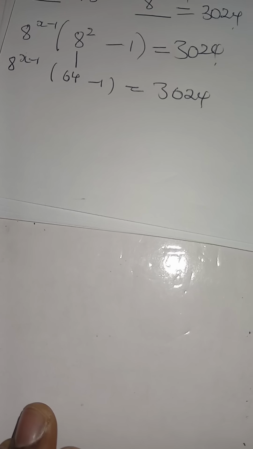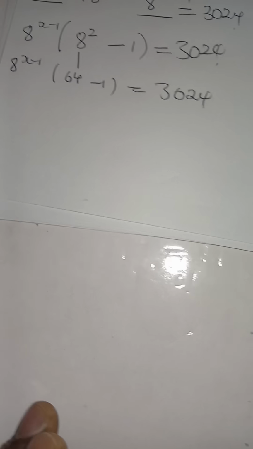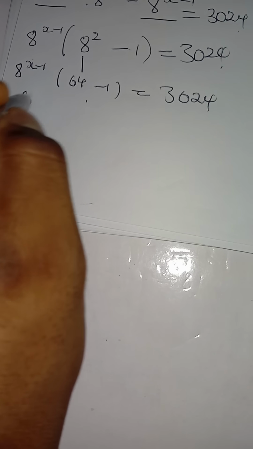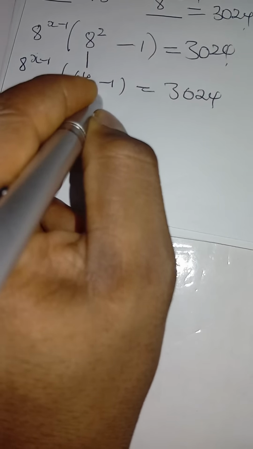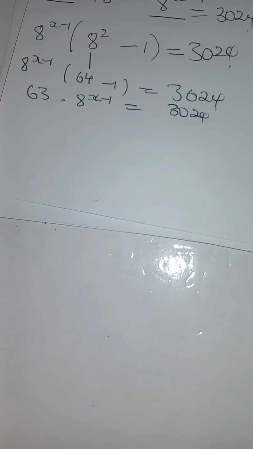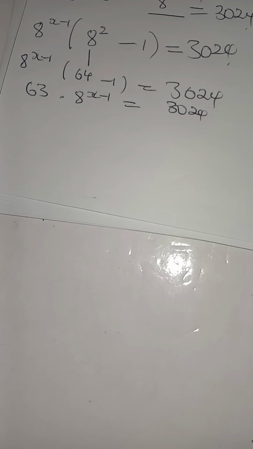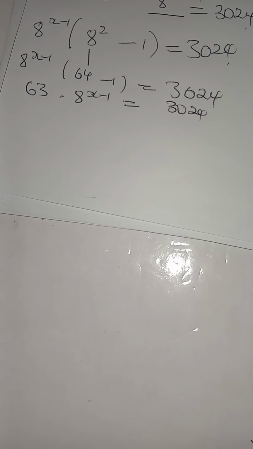All right. Okay, how do we solve this? This is 63 multiplied by 8^(x-1) is equal to 3024. All right.